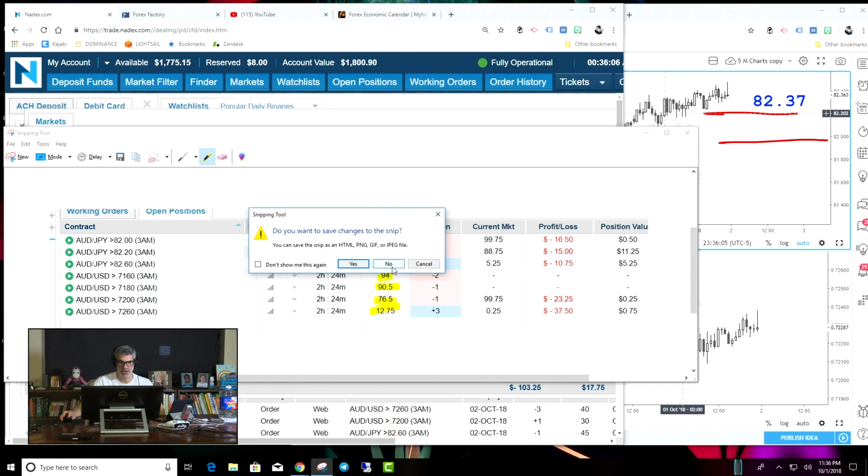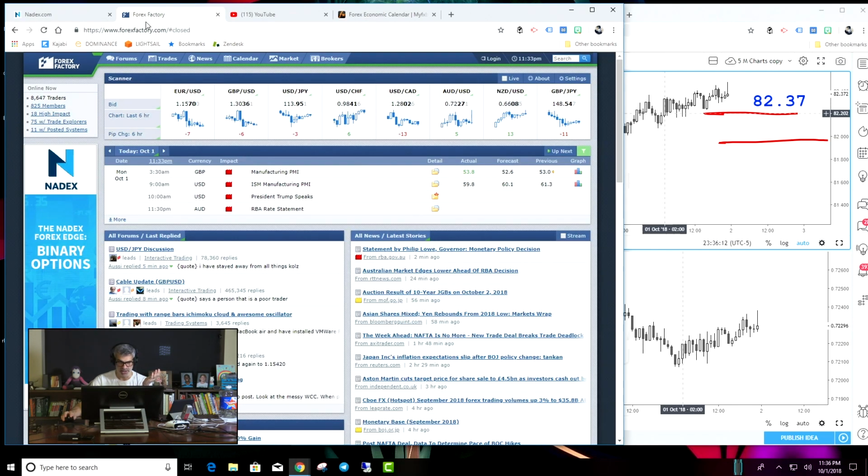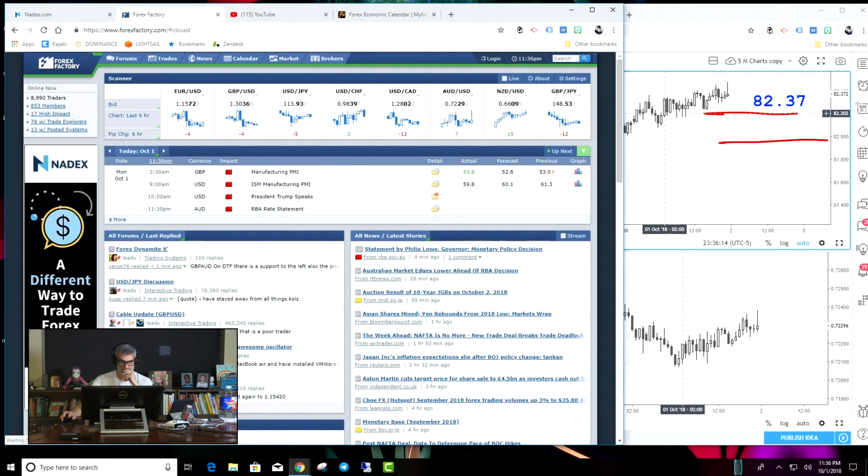All reasonably small trades, and they all have 2 hours and 23 minutes to start moving, which they may not start moving at all. I'll be interested to read the rate statement. We can talk about fundamentals together, and we can also talk a little bit about some discretionary trades that are possible given the fact that we haven't moved right now. That means probably we'll move later on.